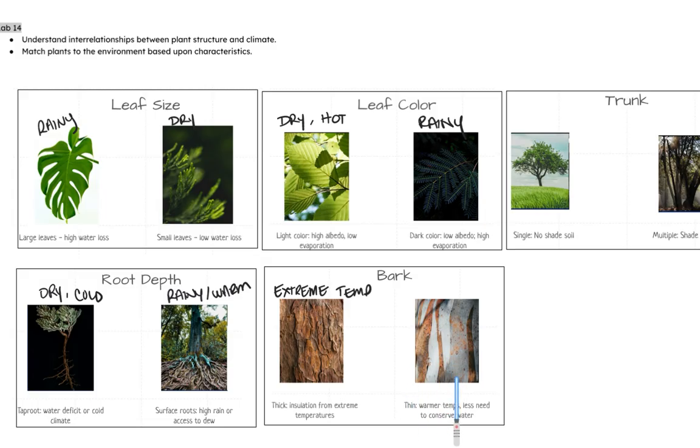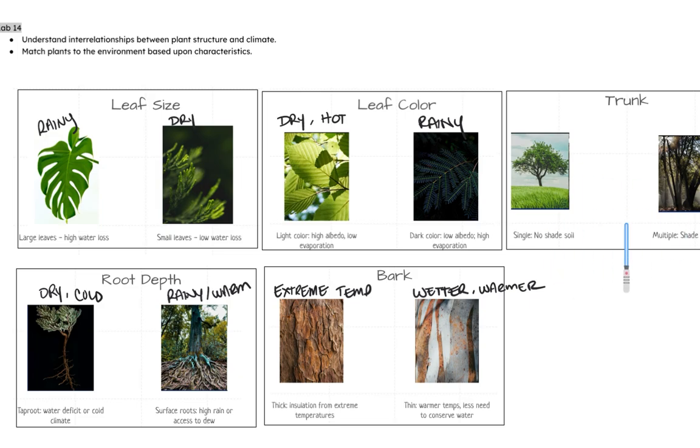If you have thinner bark like this, it means you have warmer temps, but also less of a need to conserve water. So these environments are going to be wetter and warmer.